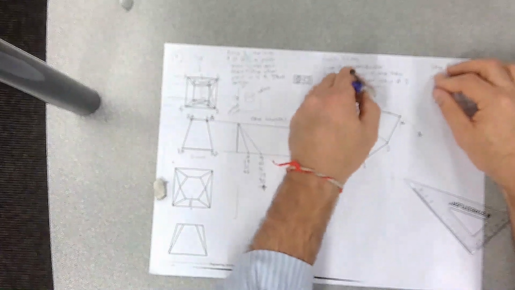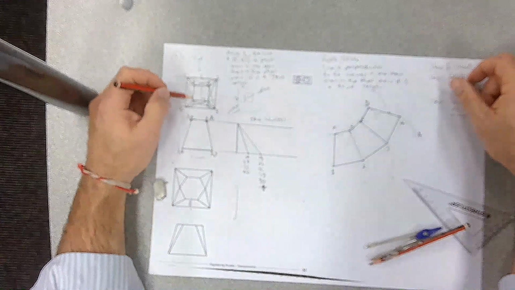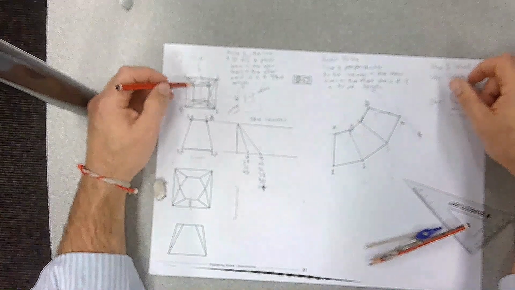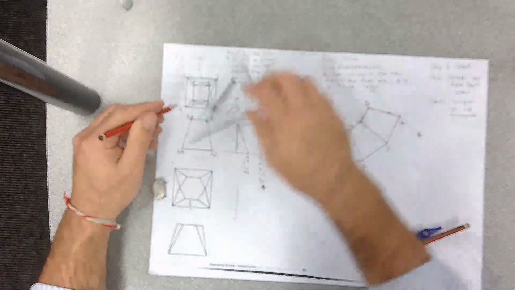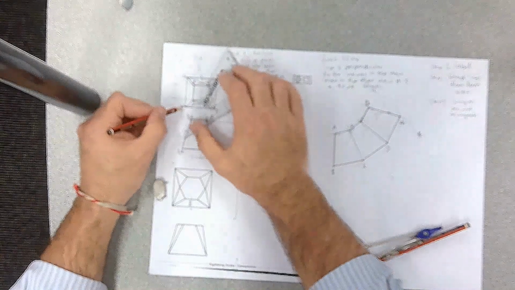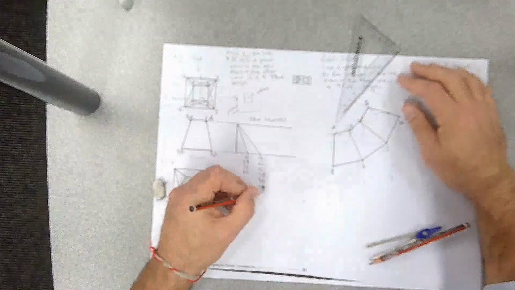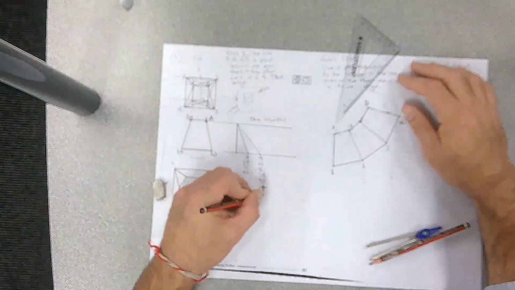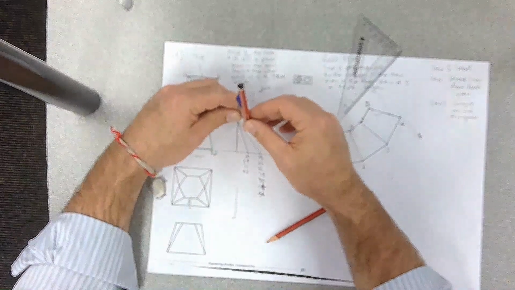I think we're going to make it just, okay, DA. And then we need to find a line that runs from 4, because that's the null point that we've got down here. So I'm going to go 4A, and we know that 4A is going to be this line here, because it's one of the triangle lines.